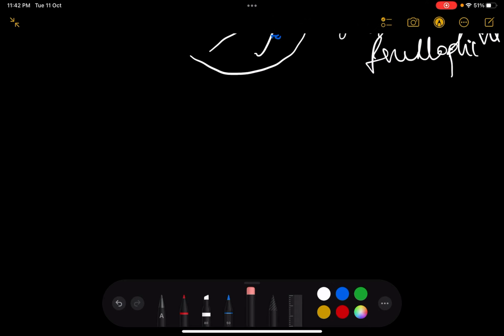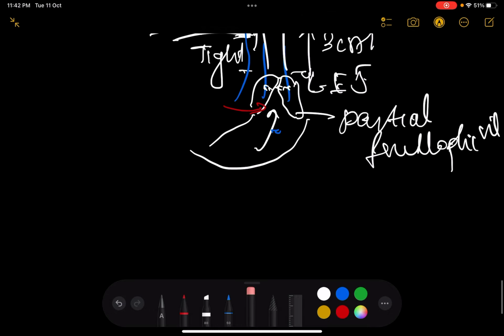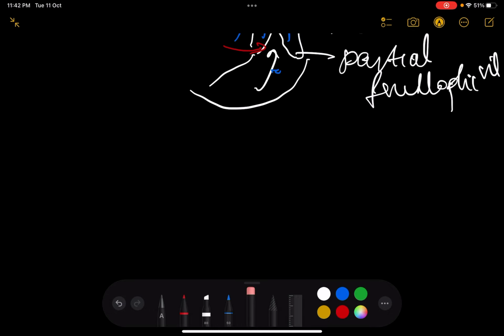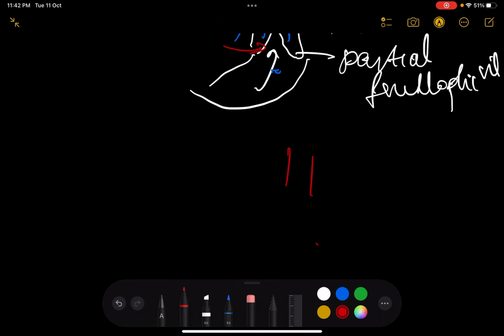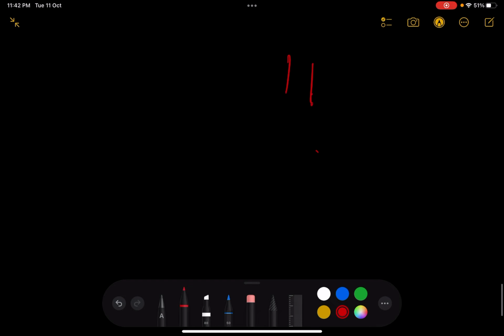Also, you could do a very important thing called Collis gastroplasty. You staple the upper part of the stomach, and you invariably lengthen the esophagus. If I had to draw it, let's say this is the esophagus, and it's a short esophagus, and this is the stomach. You take a stapler and you staple this part.